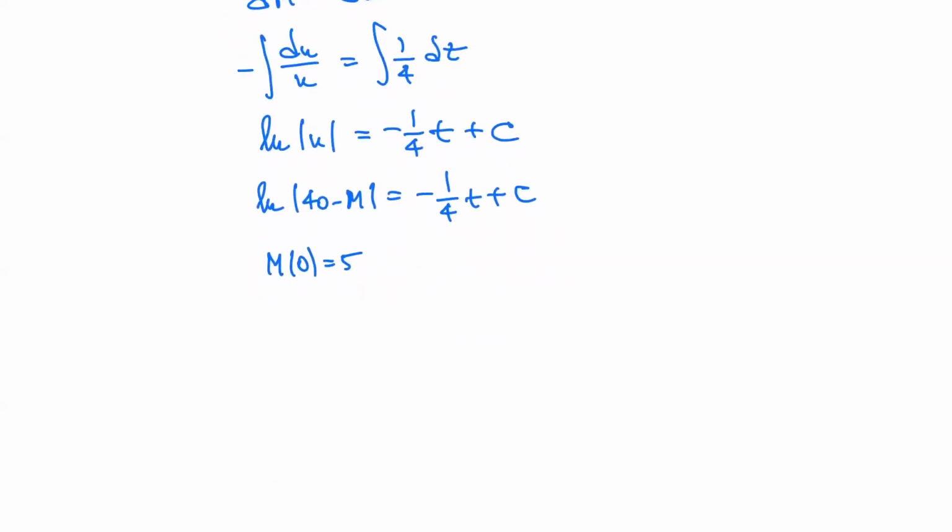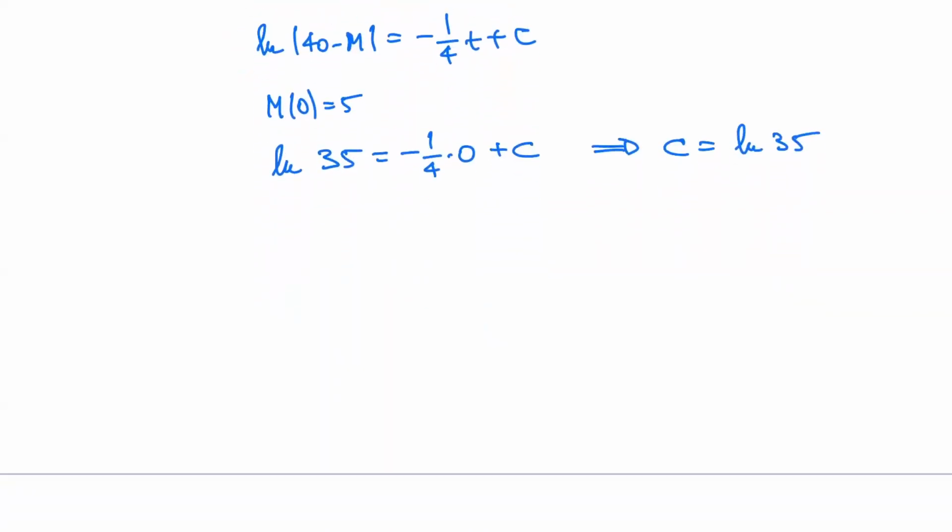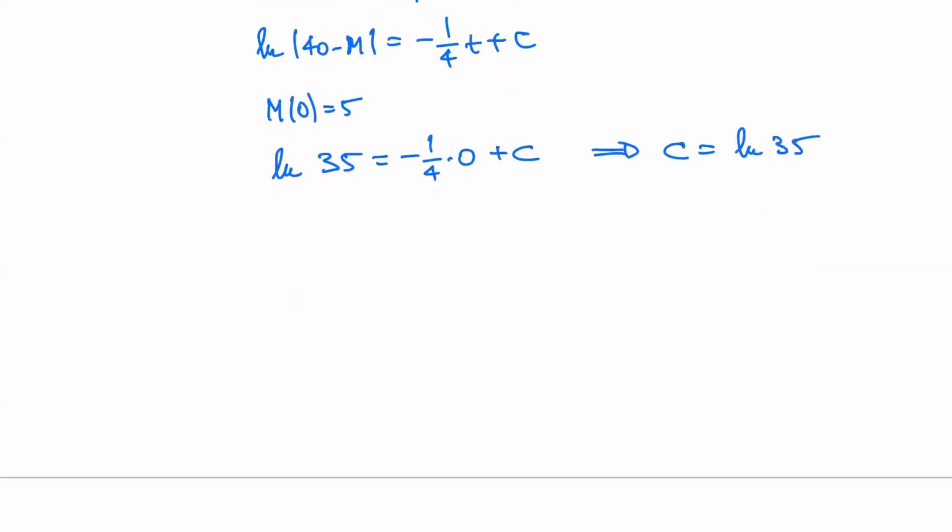Plugging it into this equation, we get ln of 35 equals negative 1/4 times 0, which is 0, plus c. So it follows that c is equal to ln of 35. So our relationship here is ln of 40 minus m equals negative 1/4 t plus ln of 35.